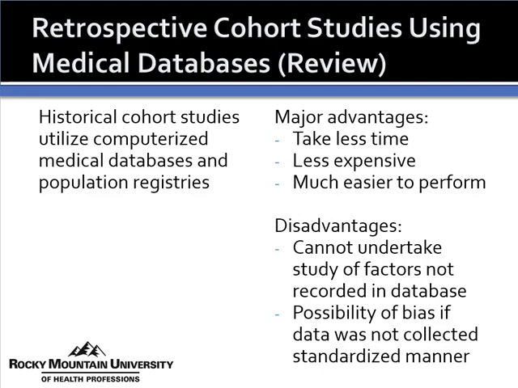Here's the disadvantage, though. You cannot undertake a study of factors that were not recorded in the database. And so it's possible that a potential risk factor is missed. Also, there's the possibility of bias if the data was not collected in a standardized manner. Right?